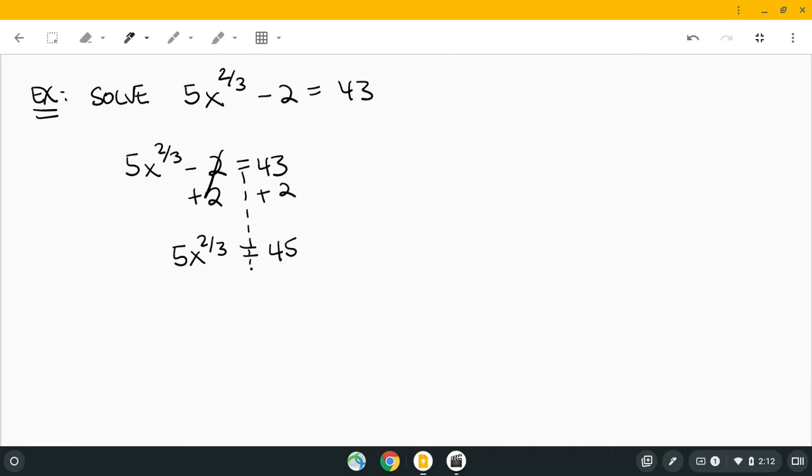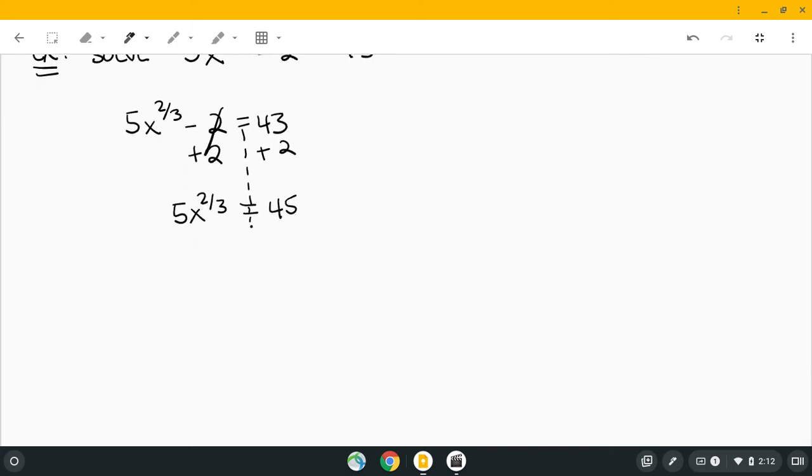I get 45. Then I'm going to divide both sides by 5, cancel that out, and that's 9.